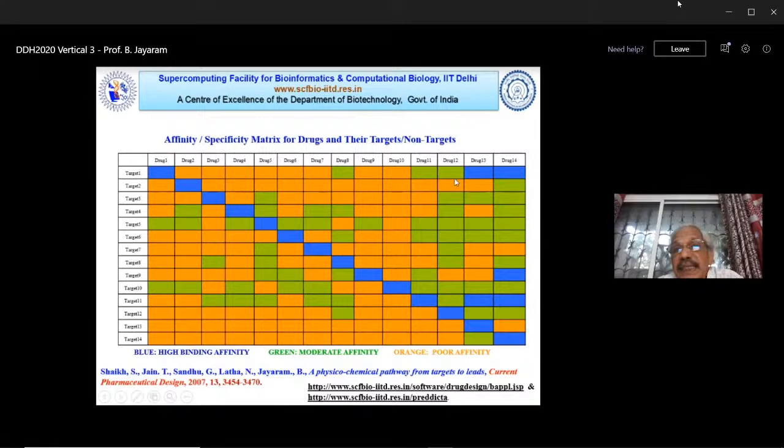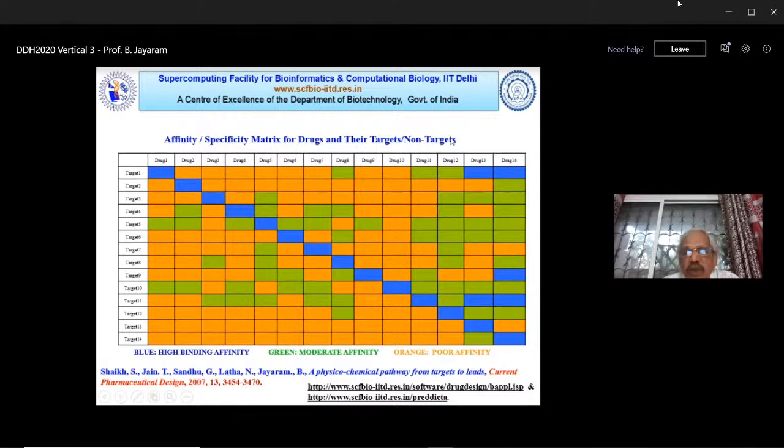So if you see an off-diagonal blue here, like drug 13, it is supposed to bind to target 13, but it's binding to target 11, it's binding to target 1. So this is bad news. And now computers can tell you beforehand, before you do the experiment, that there is a possibility that your molecule can bind to wrong targets. So that's what this story here is.